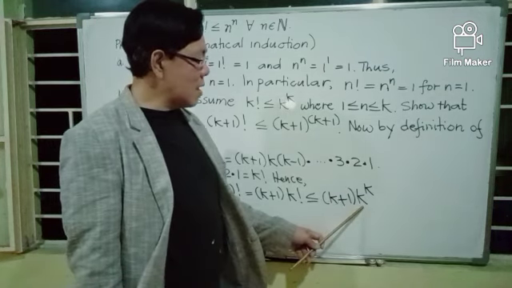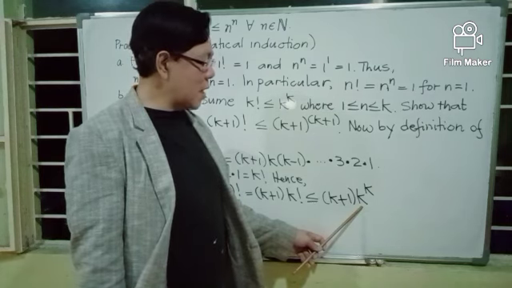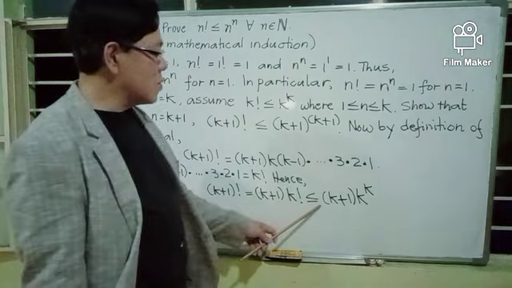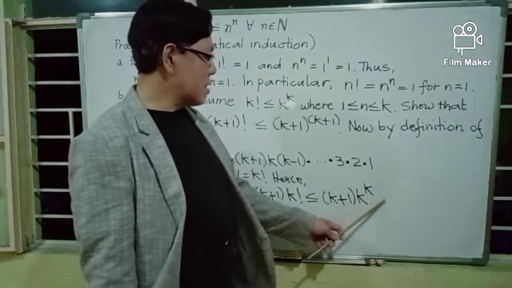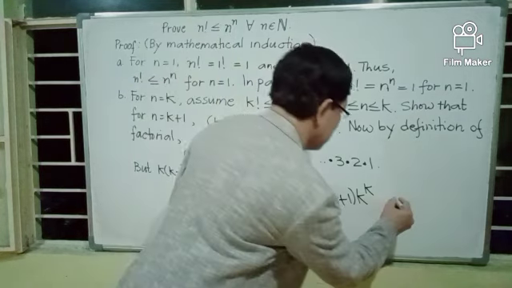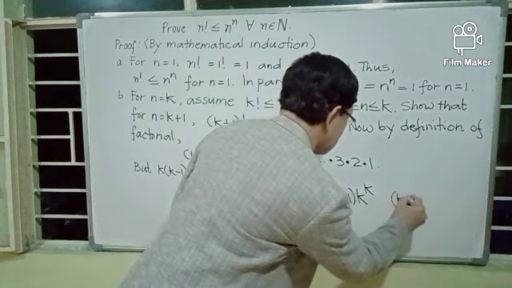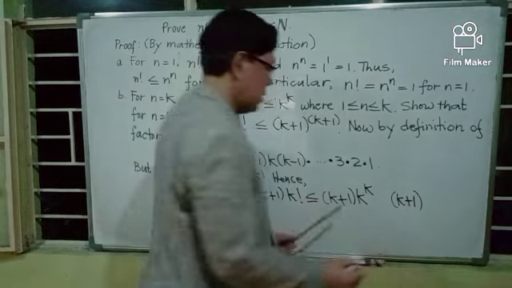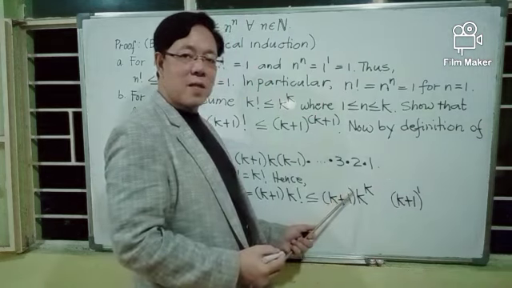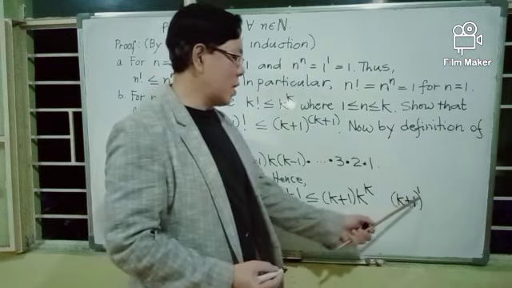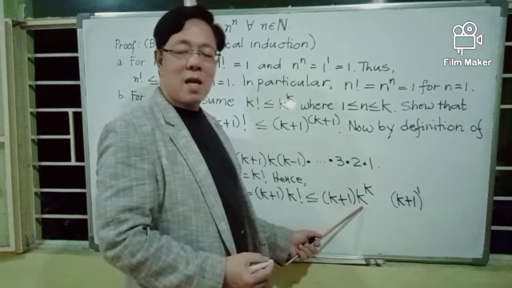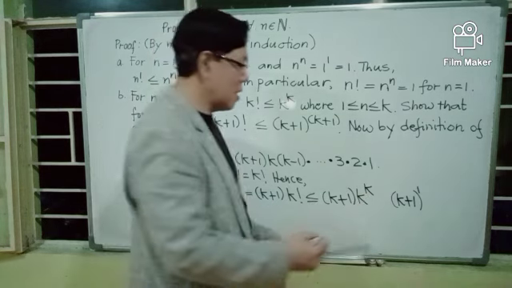Now, if I write k as k plus 1, then this product would be less than, we write k plus 1 to the power 1. I simply specify the exponent of k plus 1, it's 1. And I will add 1 to k. I will write k as k plus 1 to the power k.